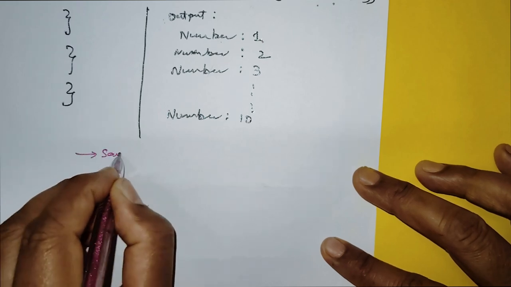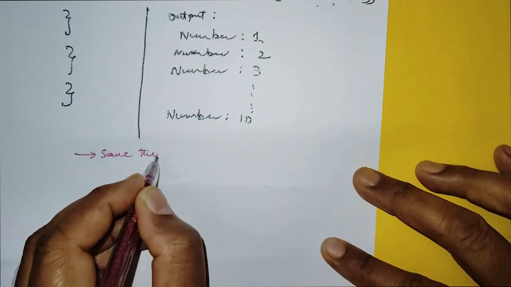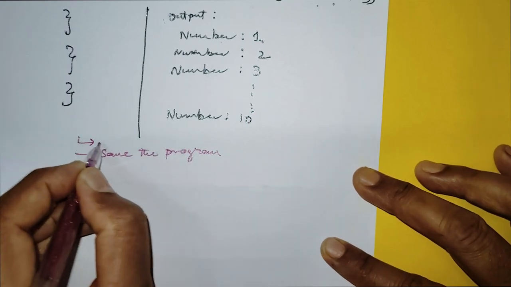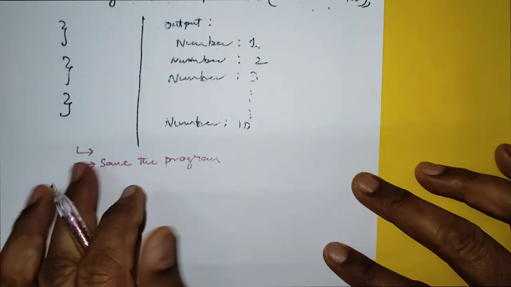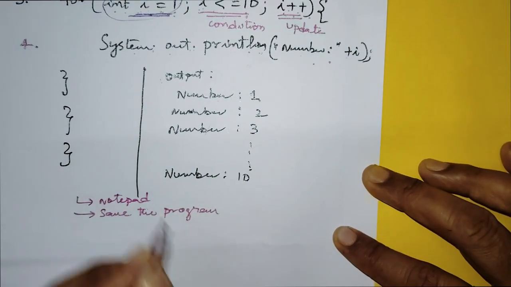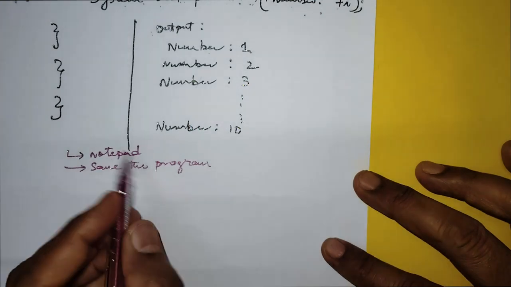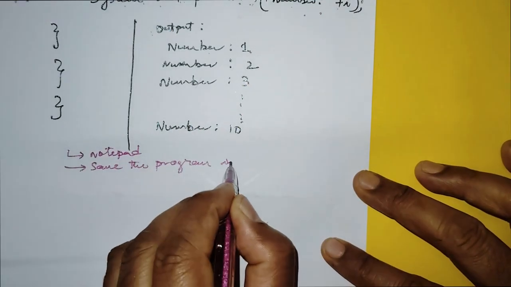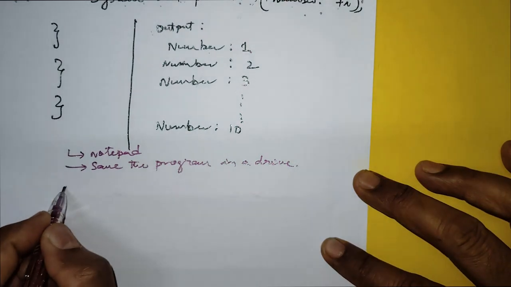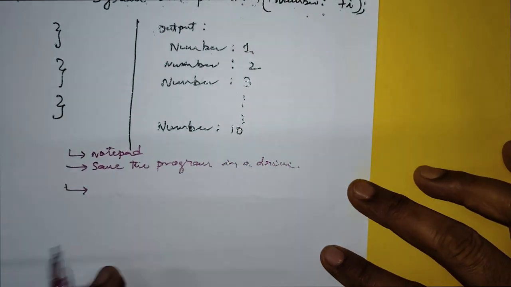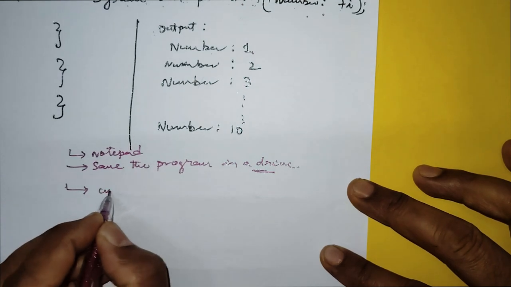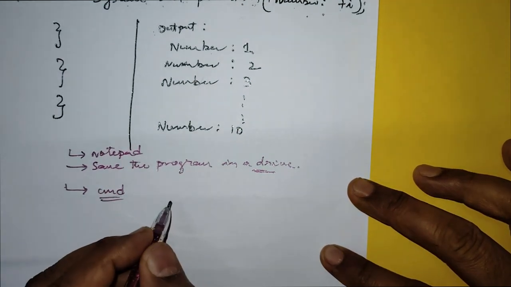First, to save the program. What is the first step here? The program should be typed on Notepad. After that, save the program in a drive, either C drive or D drive. Then, wherever the drive is, it should be directed to the command prompt, CMD.